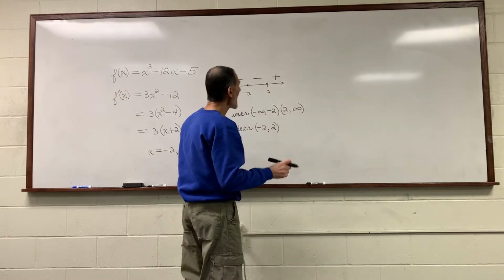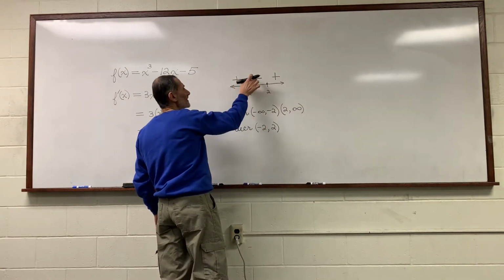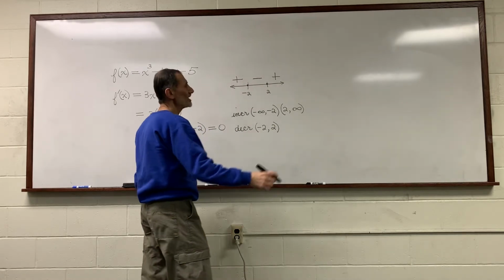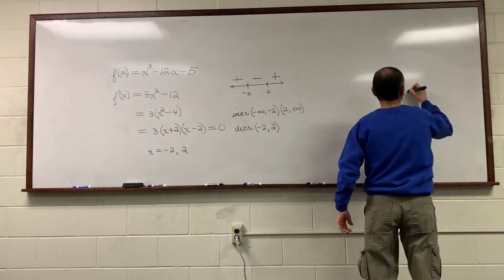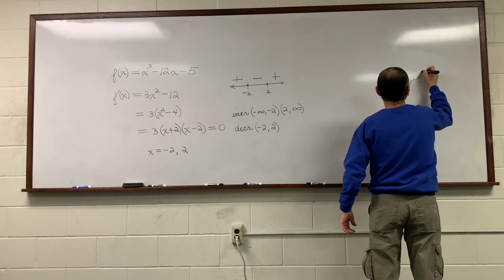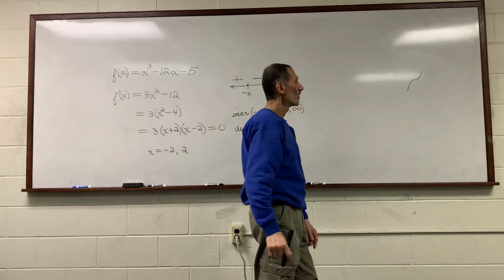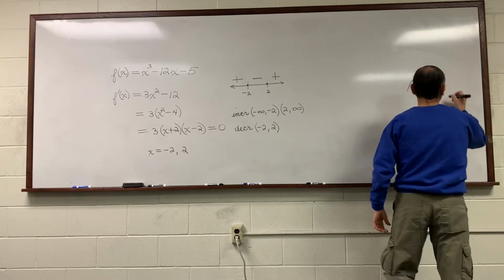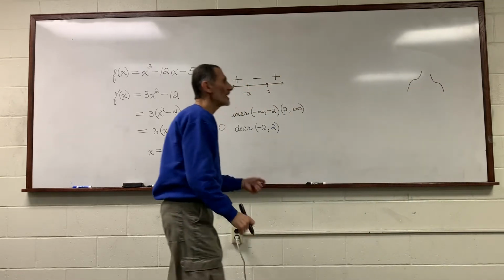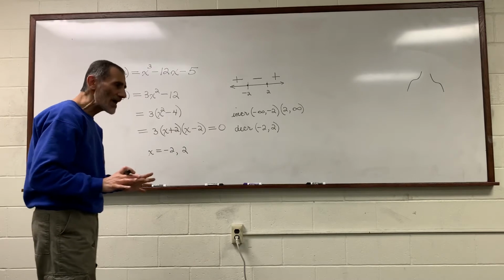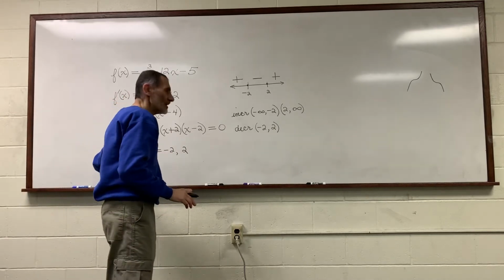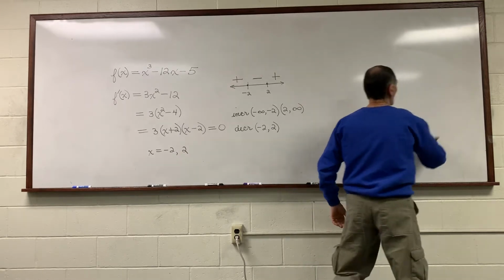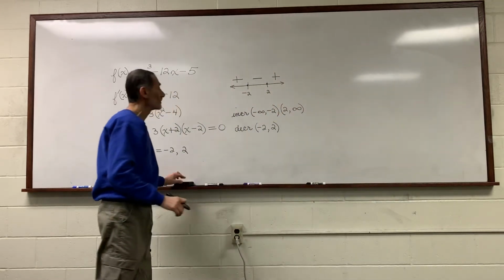And as can happen, if the sign of the derivative does not change, the function could be increasing, 0, still increasing, or decreasing, 0, still decreasing. In a situation like that, we do not have a local maximum or a local minimum. Some textbooks will actually call that a terrace point. Whatever you call it, it is neither a maximum nor a minimum.